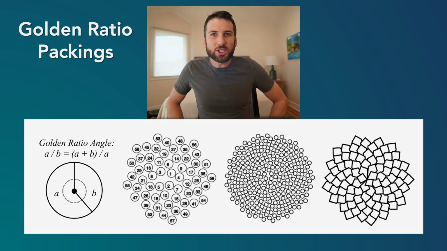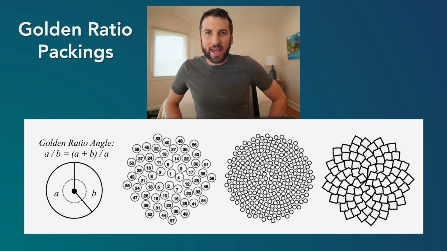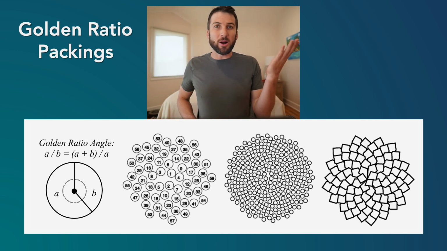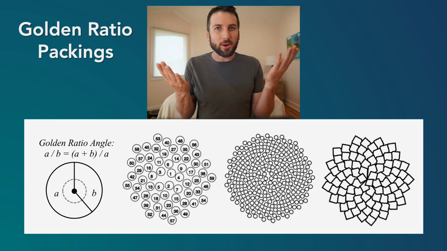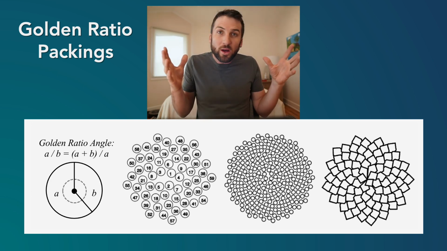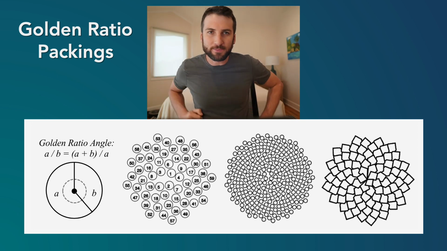Now, the golden ratio is when the segment of A divided by B equals A plus B divided by A. Another way to think about this is that the ratio of the large part divided by the small part equals the ratio of the whole divided by the large part.